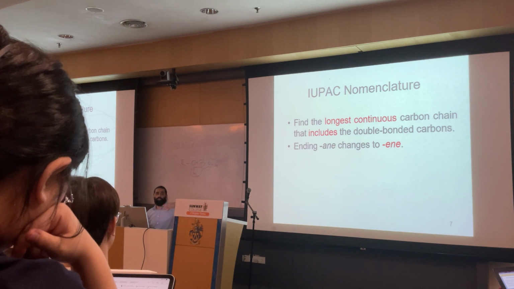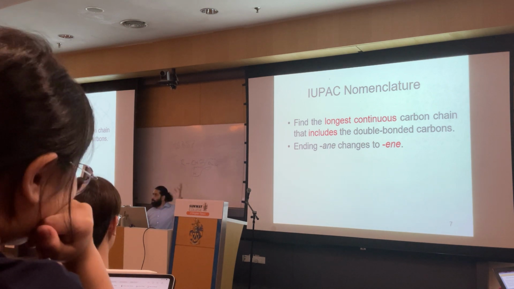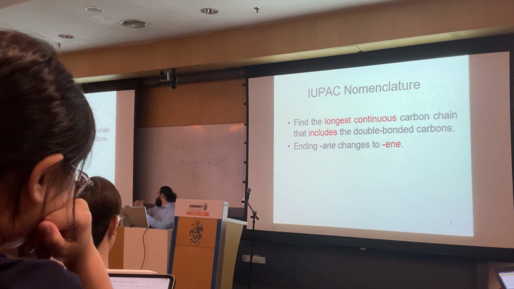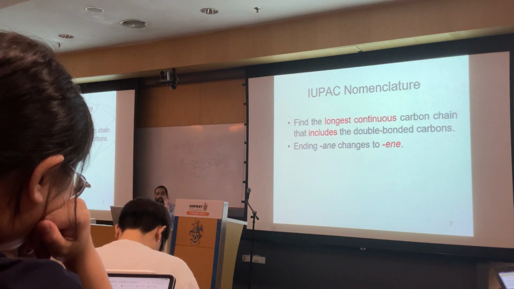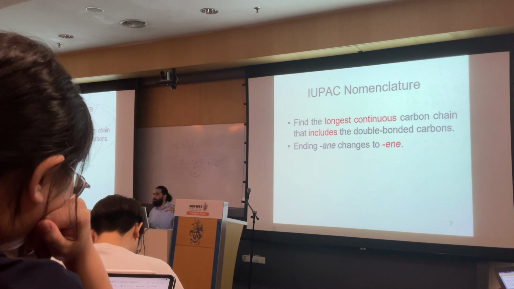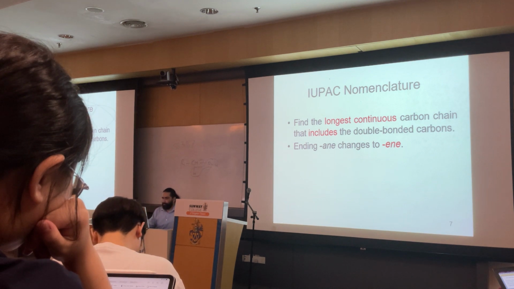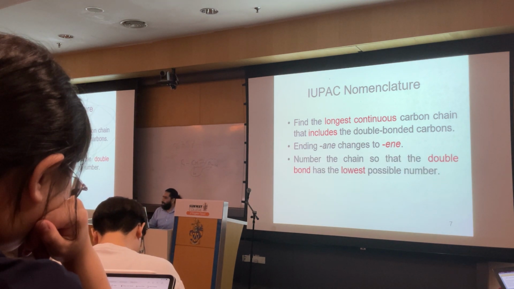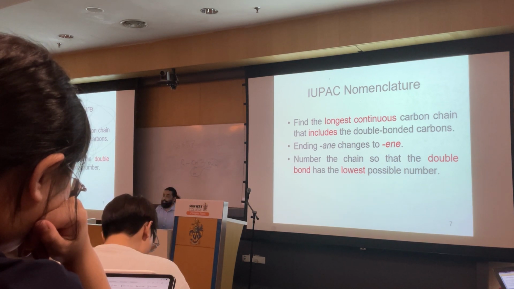If you choose a longer chain which does not have the carbon-carbon double bond as part of it, then that would not be right. So the carbon-carbon double bond should be part of the longest chain you select in the given molecule. Right? And there we used ane, so here we use ene of course because these are alkenes, right?